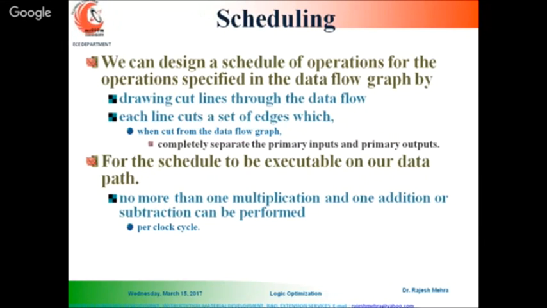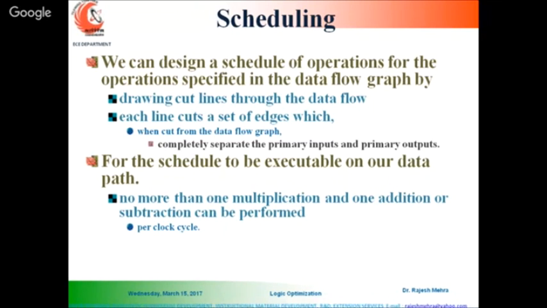In order to perform this scheduling, you have to draw cut lines in your DAG, directed acyclic graph. These cut lines are basically a sort of partitioning. We are partitioning our design, which means the whole design is not going to be active at the same time.